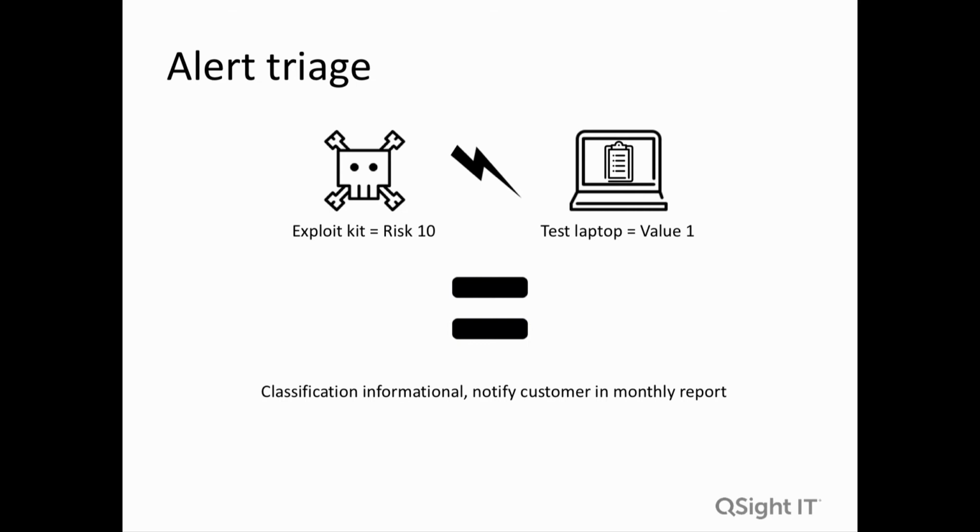If it was evaluated as a 10, or equally like that laptop from the CEO, then he will be called in the middle of the night, right? Saying, okay, this laptop is on fire, you should do something. And then he says, well, it's the test laptop, doesn't matter. So the customer is not helped with all these outbreaks.